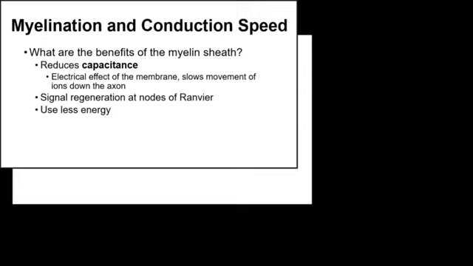Also, by having our all or nothing action potentials at the nodes of Ranvier, that gets us to not have a reduction in signal. So if we were just using graded potentials, as time goes on, you might lose some signal because you're trying to travel ions and changes in energy across distances. So as time goes on, you could find that the amount of signal reduces.